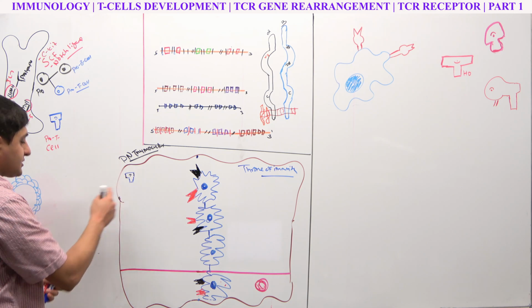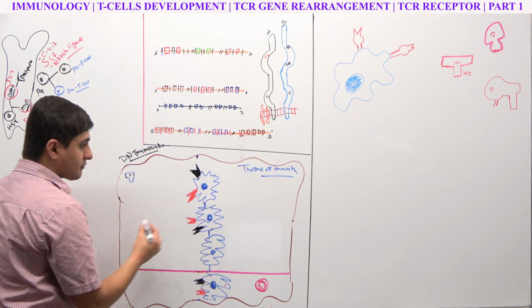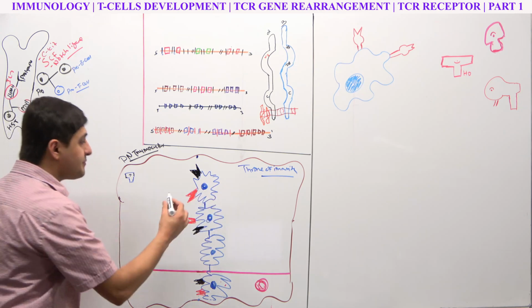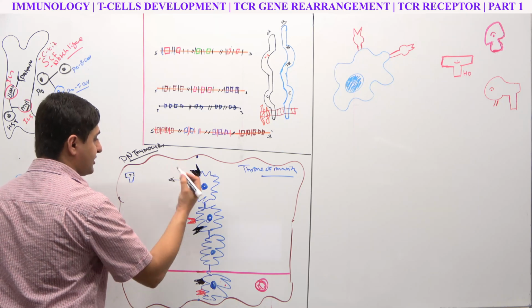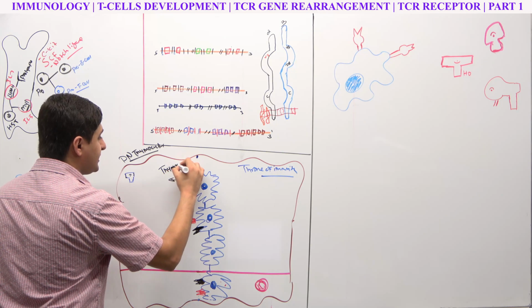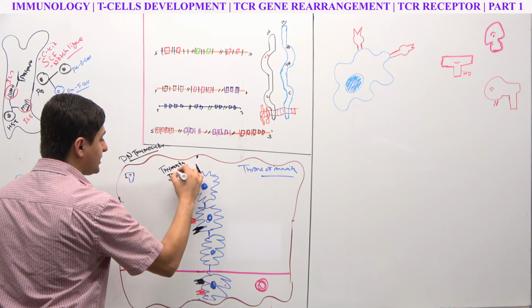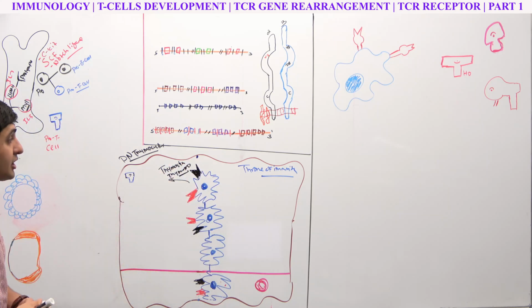So when these guys come right here, what is going to happen? Look at this epithelium, this thymic epithelium. They'll secrete a lot of growth factors, like thymosin, thymopoietin, and other growth factors like Notch.